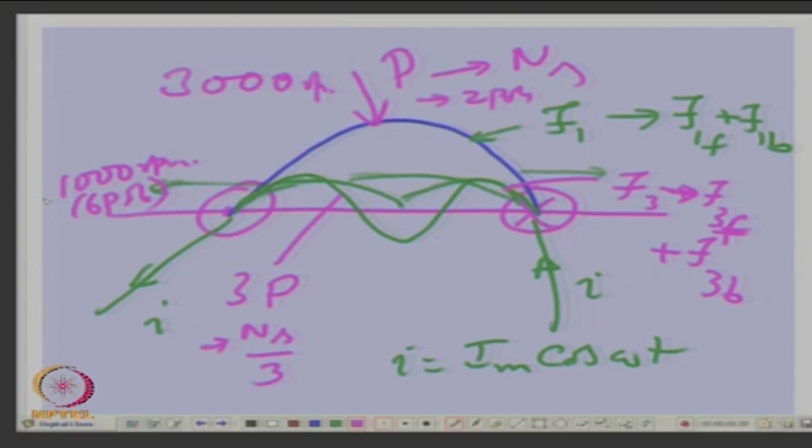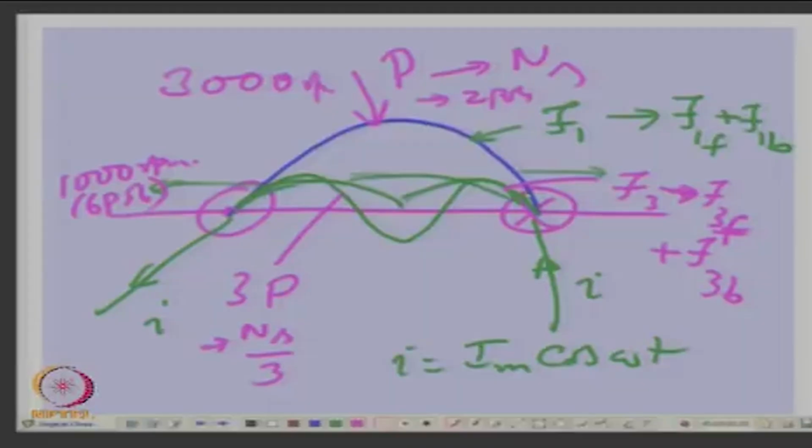After all, these fields will also induce voltage in the winding. What is the frequency? It is forward n plus 1 minus s by n. So for ns it will be s times fs, and for this there is no s here. There is no slip at all. Do not bother about slip.